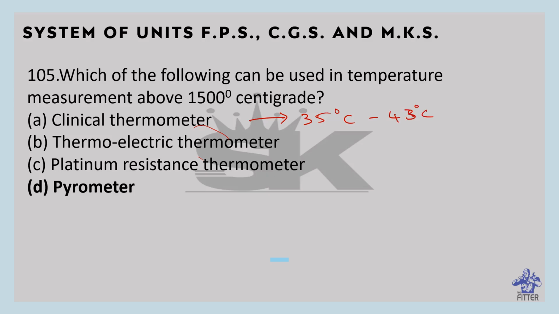Thermoelectric thermometer is around 200 degrees centigrade to 1200 degrees centigrade. Platinum resistance thermometer is minus 200 degrees centigrade to 1200 degrees centigrade. Pyrometer is greater than 1500 degrees centigrade.